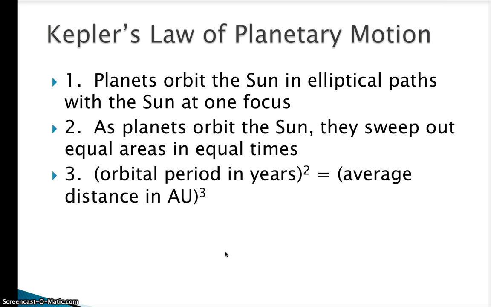And finally, there's one mathematical relationship that Kepler found was true, the relationship between the period of the orbit and the distance from the sun. He found that the period squared was equal to the distance cubed. It's a relatively simple expression that we can use, and if you know one of these quantities, period or distance, you can find the other using the mathematical expression.